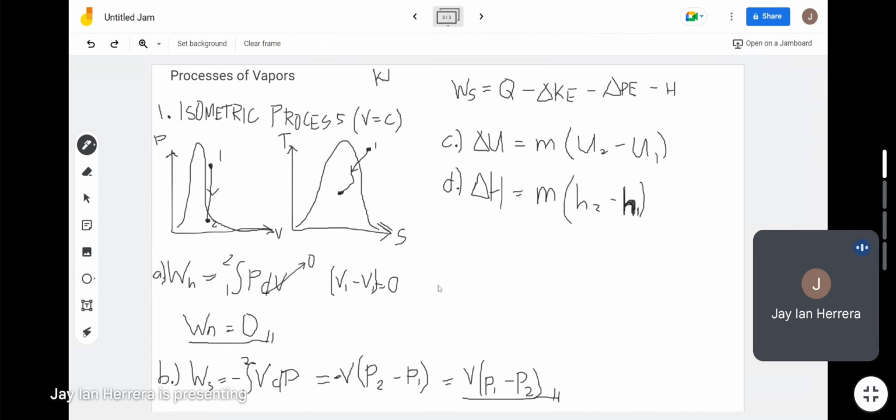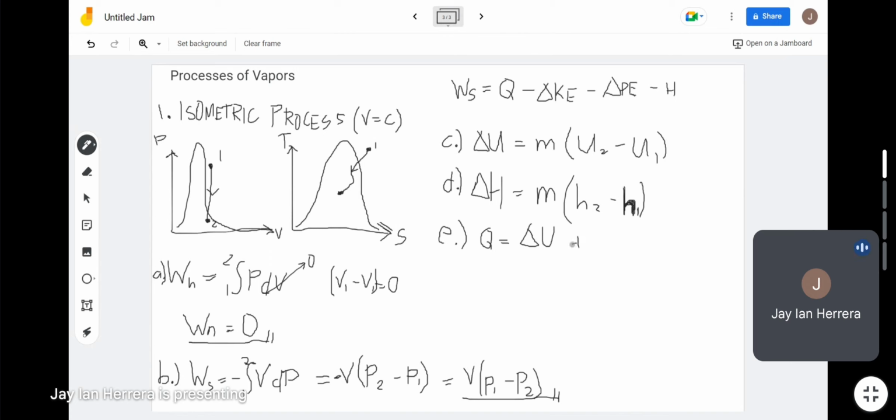Next, under isometric process is the heat transfer. Just like in our air process, heat transferred is simply delta U, same as in air.